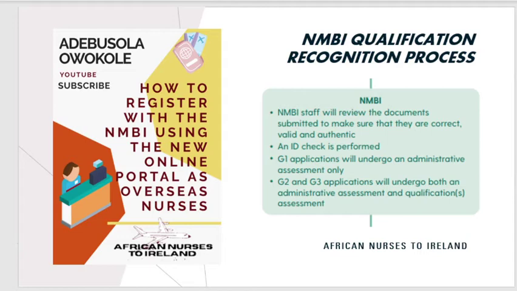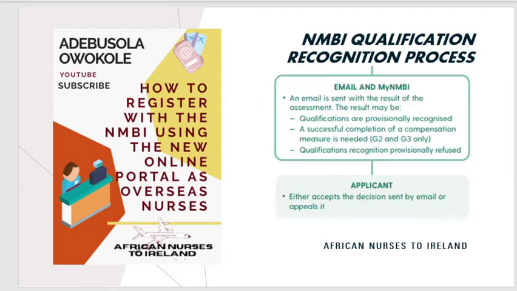Group 1 is immediate recognition, so they don't need any qualification assessment. They are immediately placed on the register, so they don't need to go through any other stress involved in that. Next, an email is going to be sent with the results of your assessment. So the results will be in 3 forms.